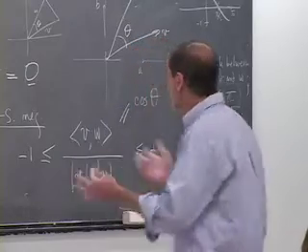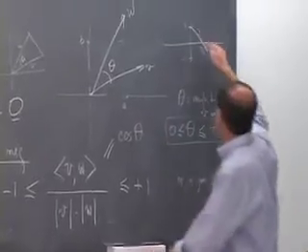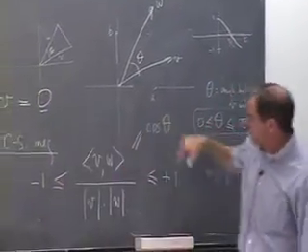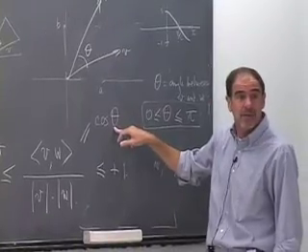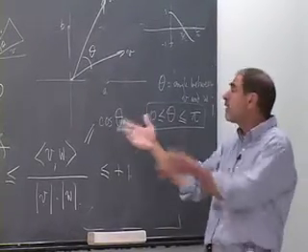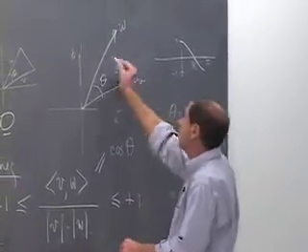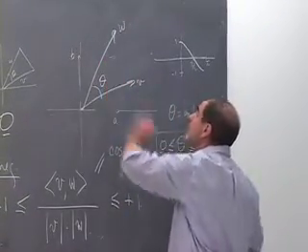But once I have the cosine function, and I know it gives a bijection between this interval and this interval, and I have a number in this interval, that's uniquely of the form cosine theta. And that's what I call the angle between two vectors. And then the law of cosines says that in 2-space, it works out to be the right angle.